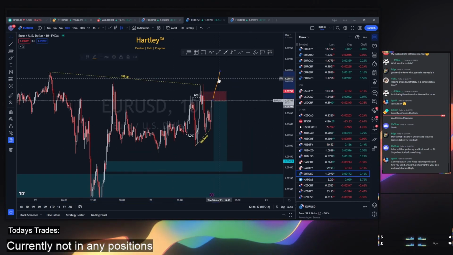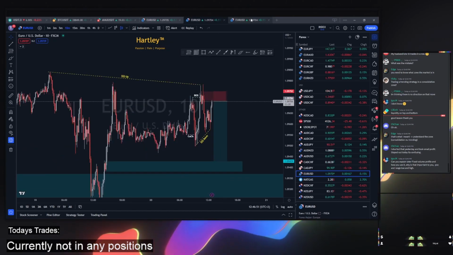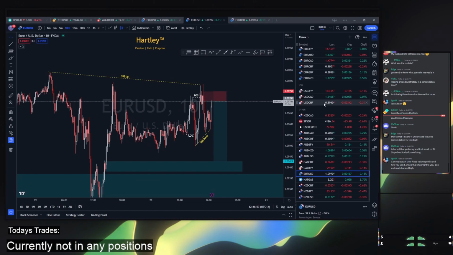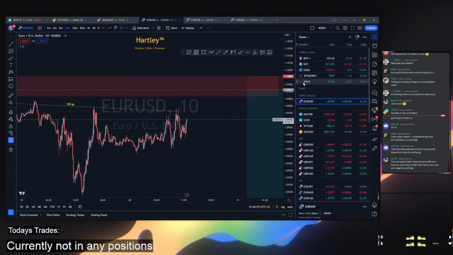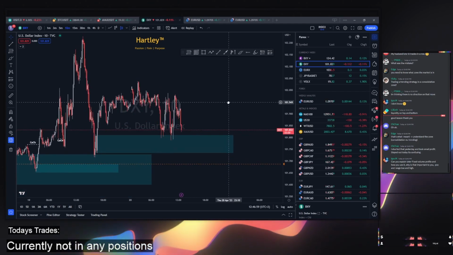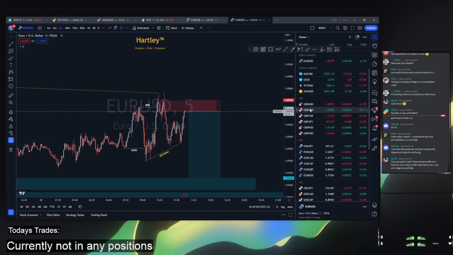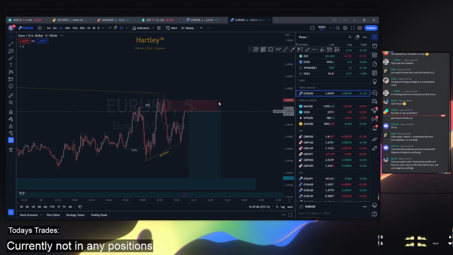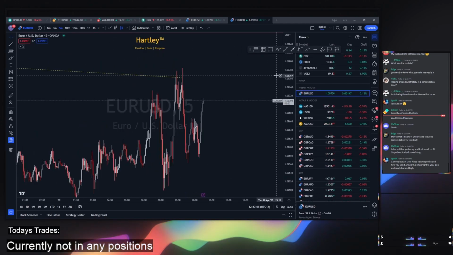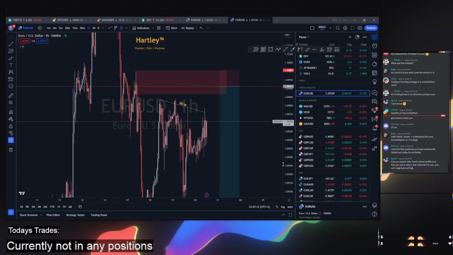So the market has a reason to go up, right? Market has a reason to continue moving. Wait, this needs to be the dollar. Yeah. The market has a reason to continue going up. So therefore, I will stay out of this position. Right? For me personally, my selling zone for Euro is up top here.